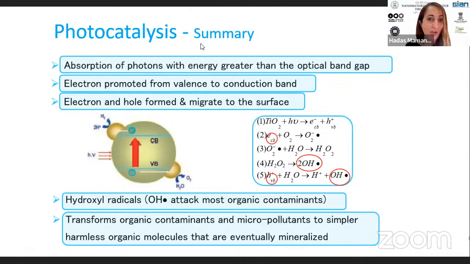And as I said before, if we want to eventually mineralize the pollutants, then it would be an advantage if we combine photocatalysis either with sorption or some type of biodegradation process like a biofilter, biological activated carbon, or even some type of suspended biotreatment.